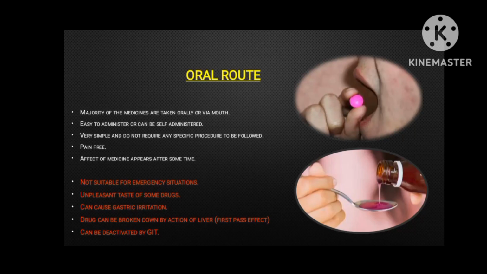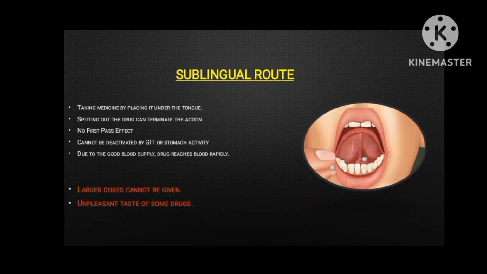As the medicine has to go to the stomach, there are chances that it may be deactivated by the enzymes present in stomach. Or there are also chances that the medicine can cause irritation in the stomach. When the drug reaches the liver, it is broken down by the action of liver and its amount is decreased. This process is called first pass effect.